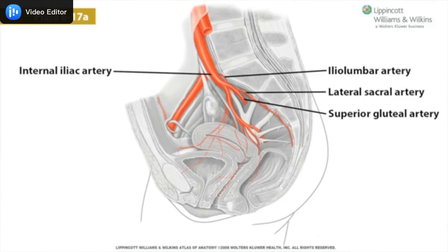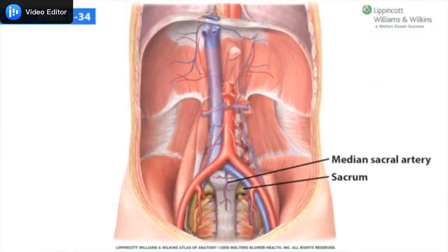Recall that the median sacral artery is an unpaired artery that arises from the bifurcation of the aorta, often on the posterior side of this vessel, and descends into the pelvis along the midline of the sacrum. The lateral sacral and median sacral arteries anastomose on the anterior surface of the sacrum.